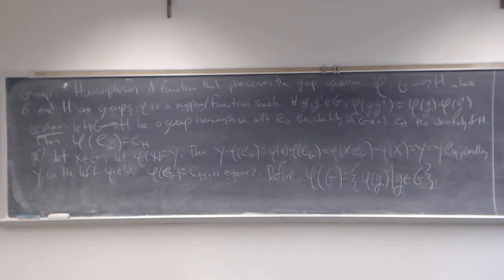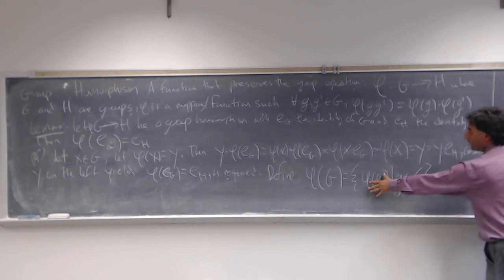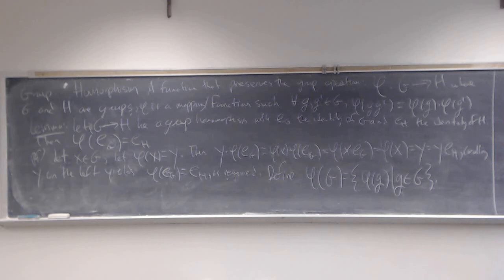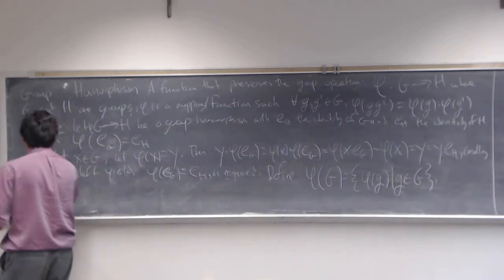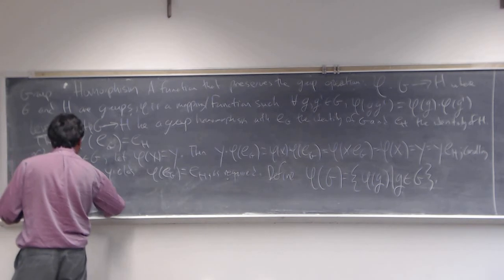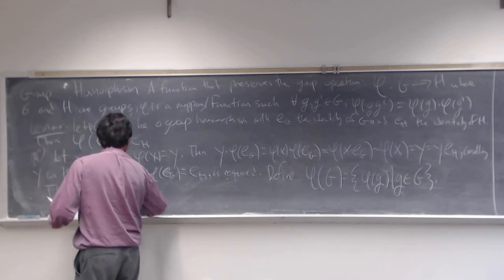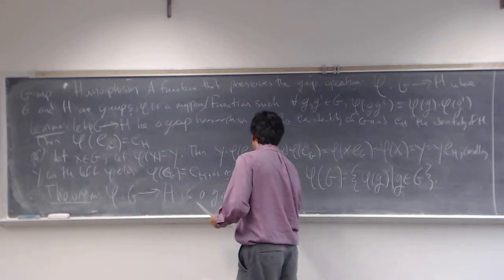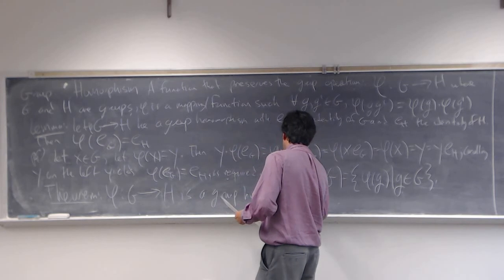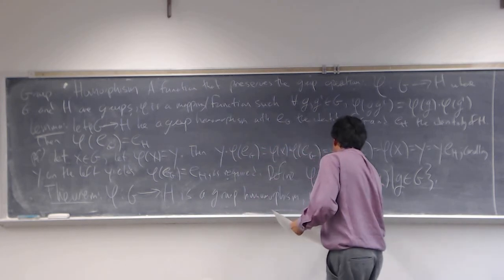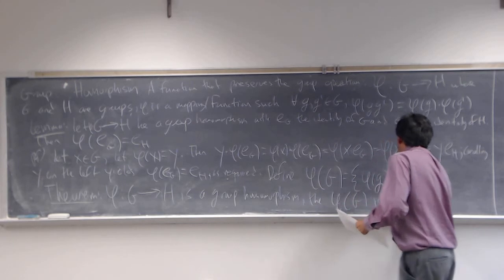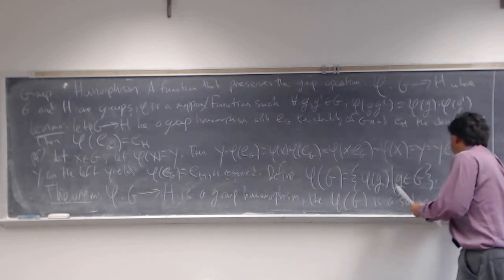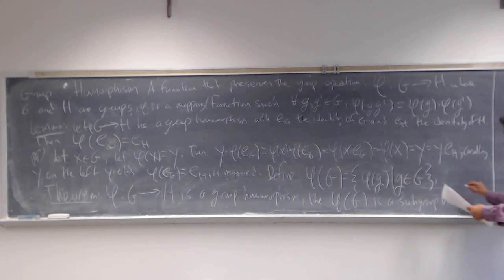If you think of G as being the domain, you run through all the values in the domain, put them into the function, see what comes out, and gather them together; that's called the range. And so we have a theorem: if phi is a group homomorphism, then the range is a subgroup of H.